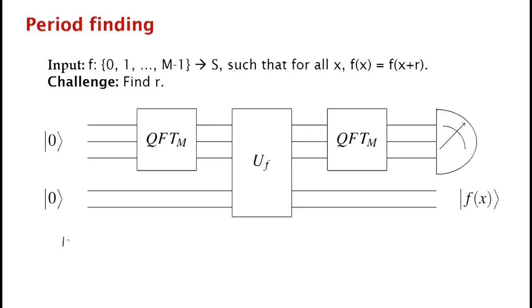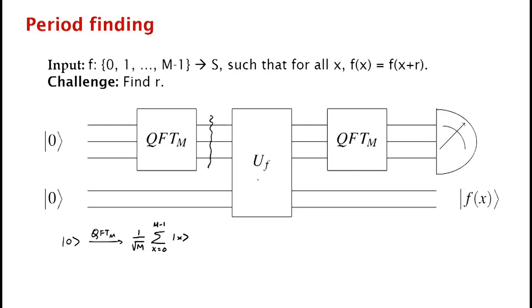If you start with the state 0, then QFT sub m gives you an equal superposition: 1 over square root m, sum over all x going from 0 to m minus 1 of |x>. So that's what you get over here.